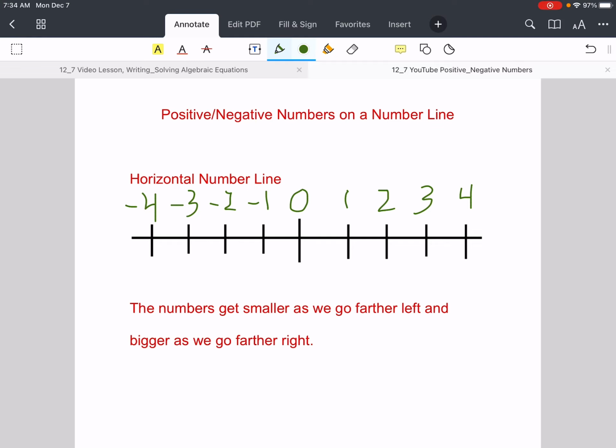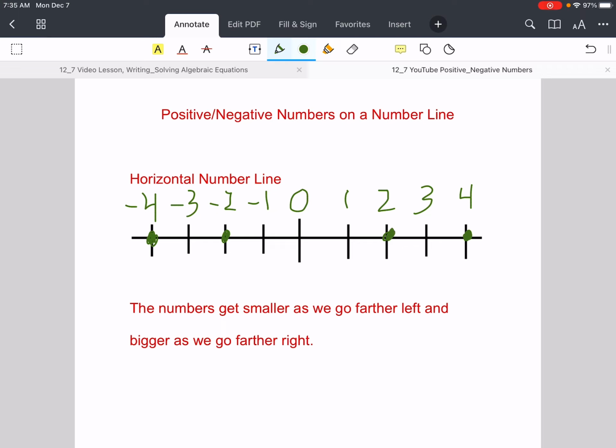So looking at this number line, we can see that -4 is smaller than -2. Because -4 is here, and it is farther left than -2. So -4 is smaller than -2, but we also know that 4, positive 4, is bigger than positive 2.